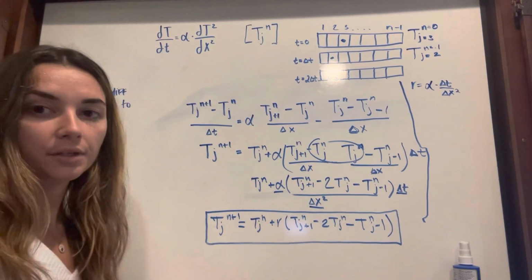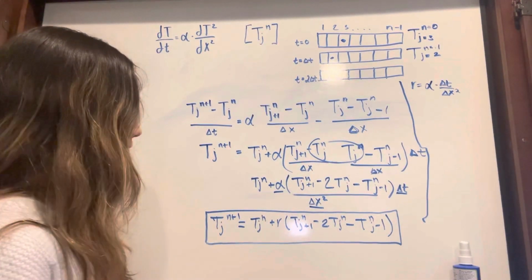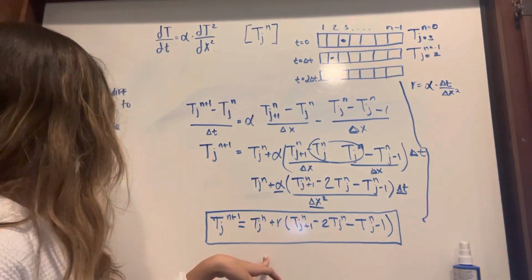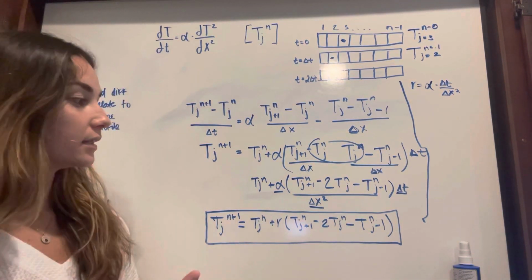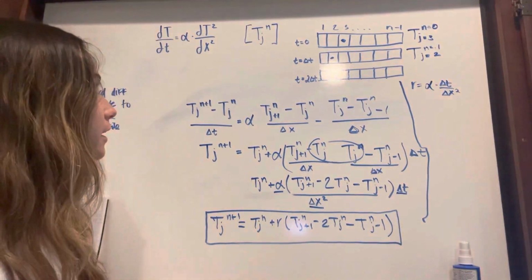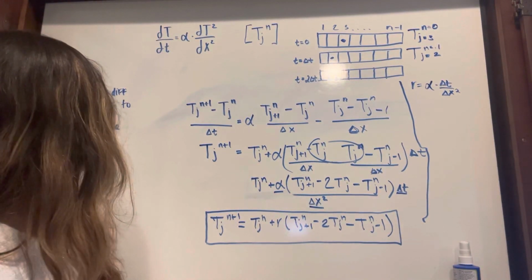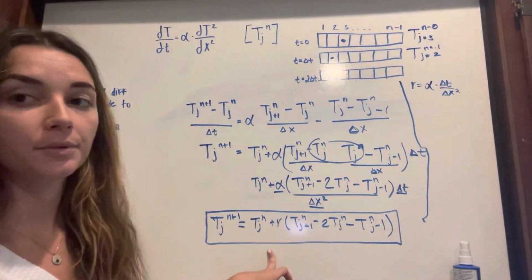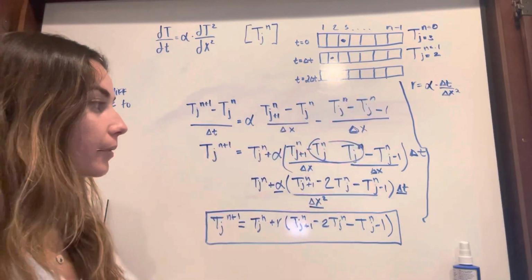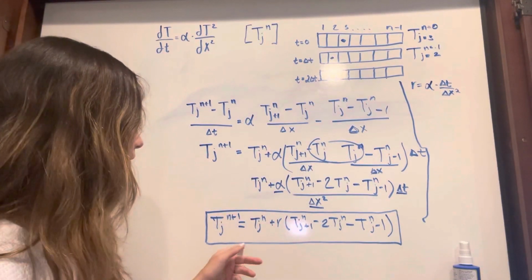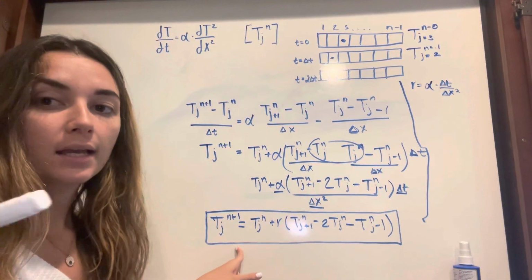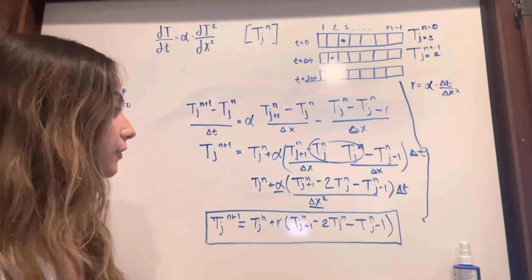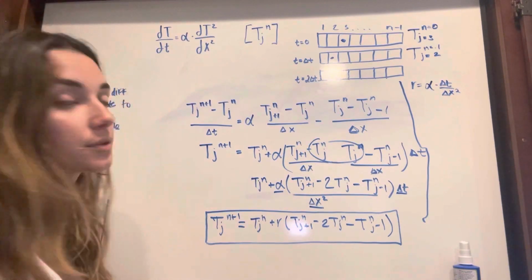Okay, so we're going to be using this expression for our forward differencing scheme, and this is going to allow us to calculate our time varying temperature profile in our uniform bar. We will be using this expression in our code and in our next few videos to solve our problem.